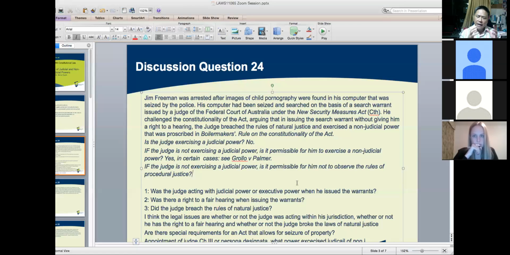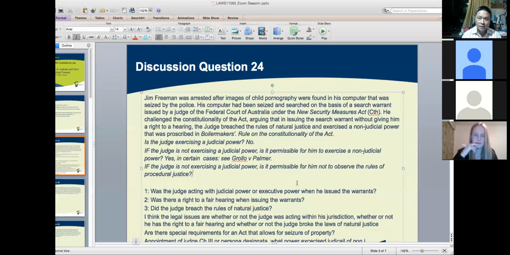So it is not an inherent quality of an executive or administrative tribunal or a non-Chapter 3 court to observe the rules of natural justice. However, if it were a Chapter 3 court, there is a natural requirement that a judge must observe the rules of natural justice. That is an inherent requirement of a Chapter 3 court, but not for a non-Chapter 3 court.